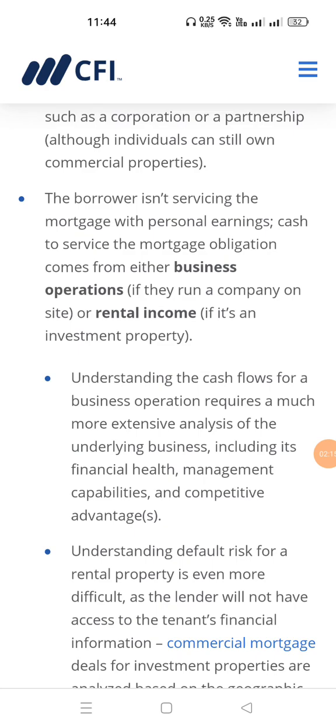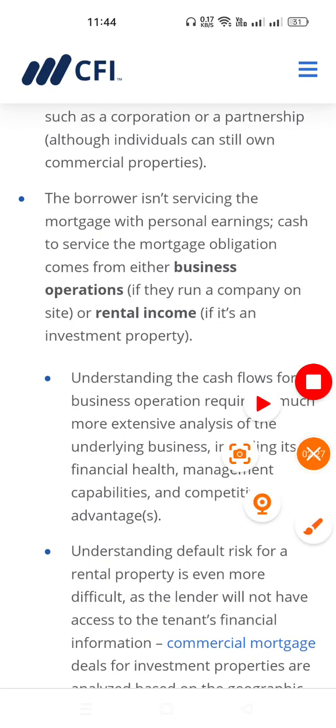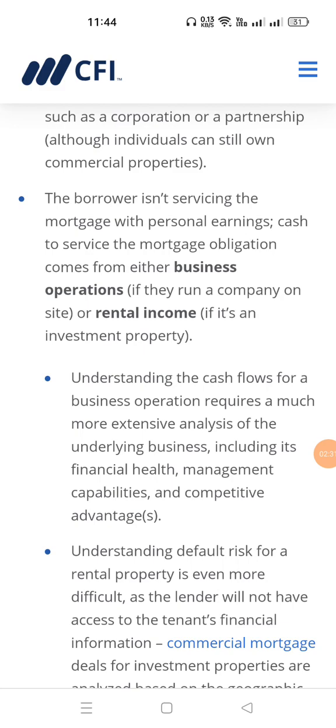Cash to service the mortgage obligation comes from either business operations, if they run a company on site, or rental income if it's an investment property.